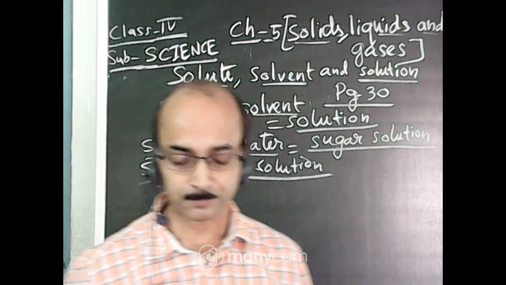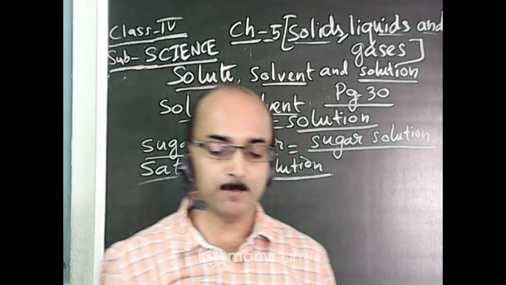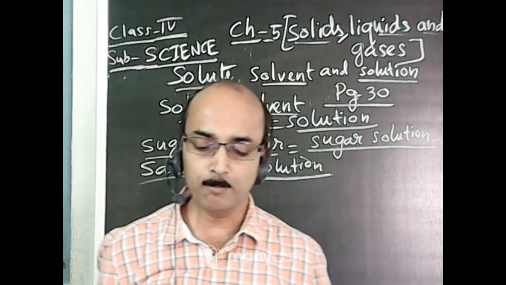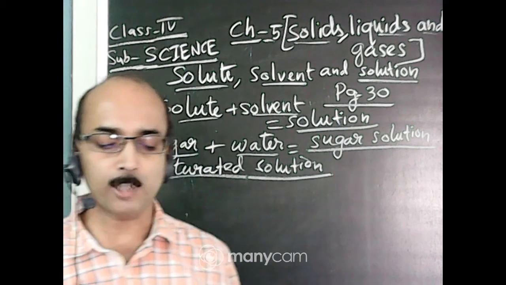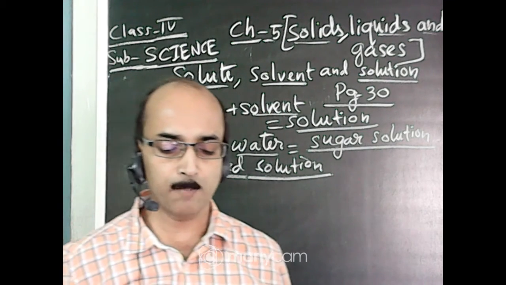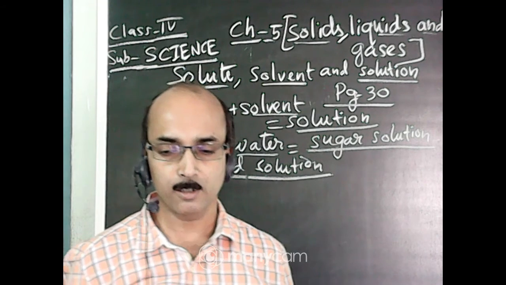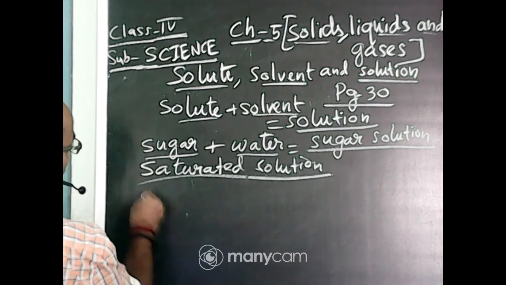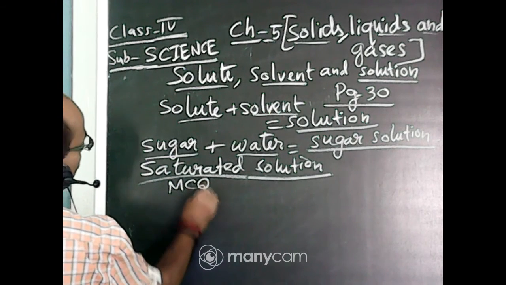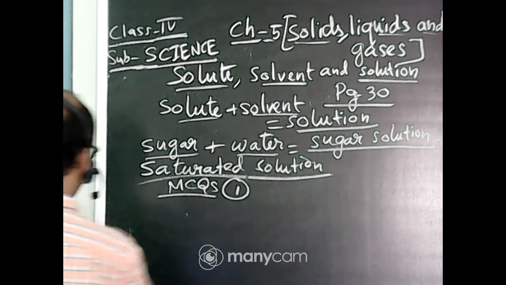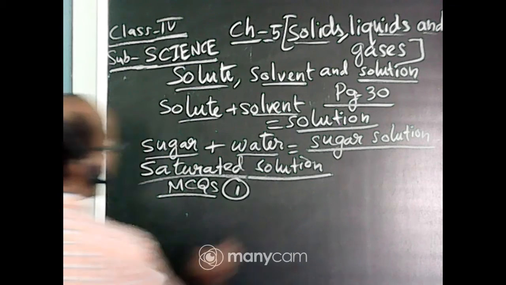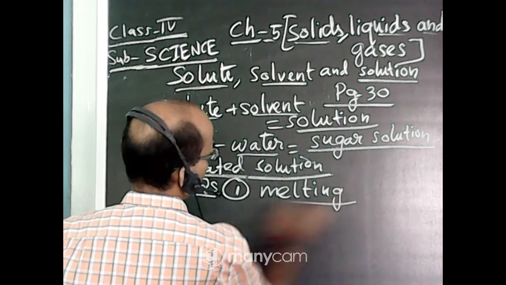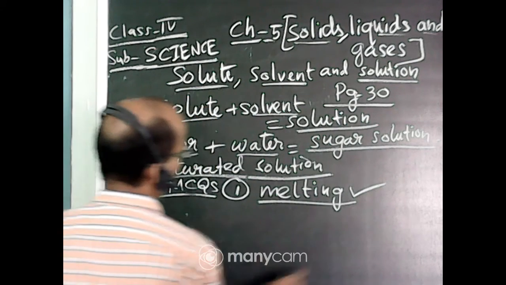Now there is one MCQ. Number 1: ice changes into water by melting, freezing or evaporation. What is the correct answer? Ice changes into water by melting. Actually, giving heat to ice makes it melt.